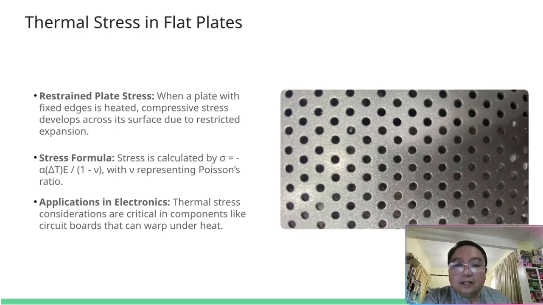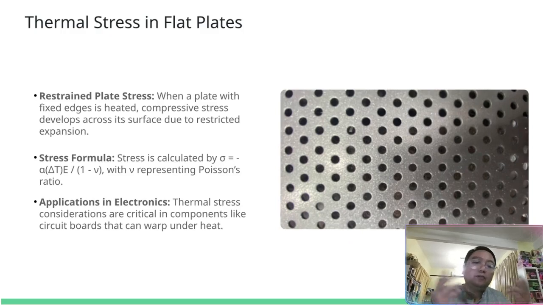This structure also has restraint, because at some parts it is fixed with screws, one, two, three, four screws, so the places with screws become restrained. When a plate with fixed edges is heated, compressive stress develops across its surface due to restricted expansion.